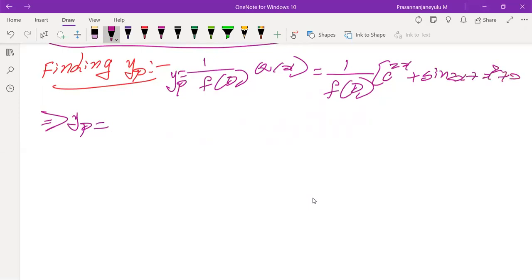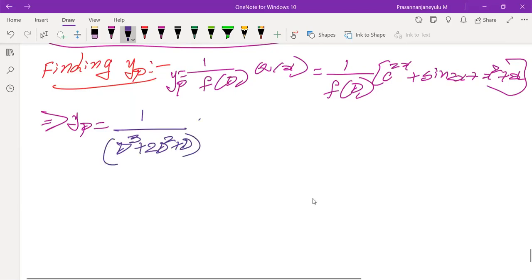Now splitting it into 3 parts. So how are we going to get 1 by f of D? D cube plus 2D square plus D, I think. Let me check. Yes, it is correct. So the first term is going to become e power 2x.